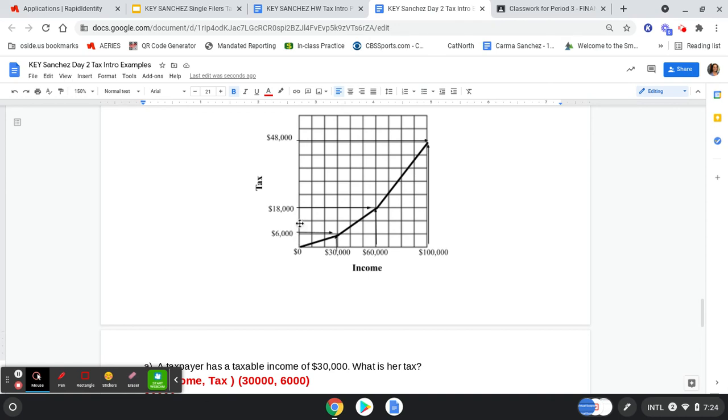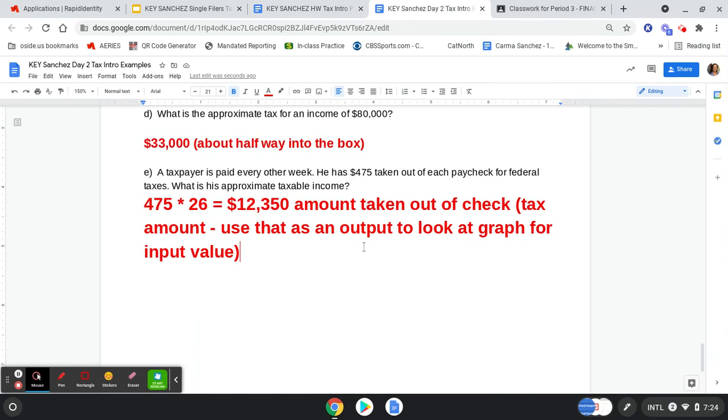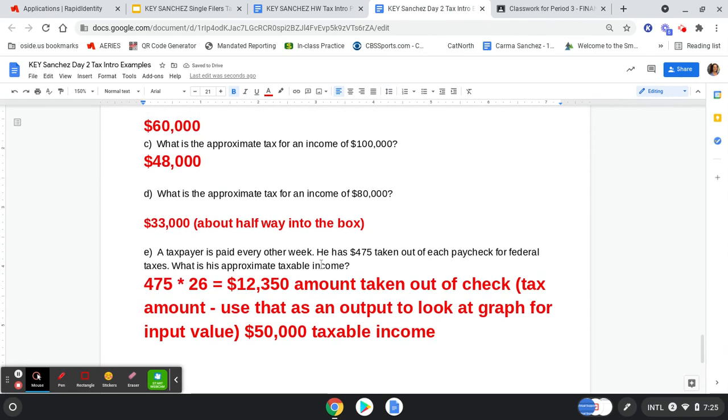You're going up to 12,000, follow it across, and you'll notice that where that line hits, it's just slightly above that 12. That's our mark. Follow it down. It's 50,000 in income. Coming from the graph. So if you needed to go back up to any part of this, feel free to go take a peek.